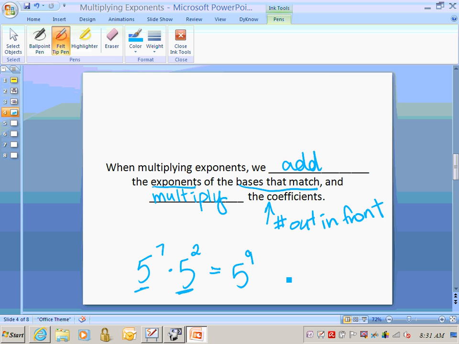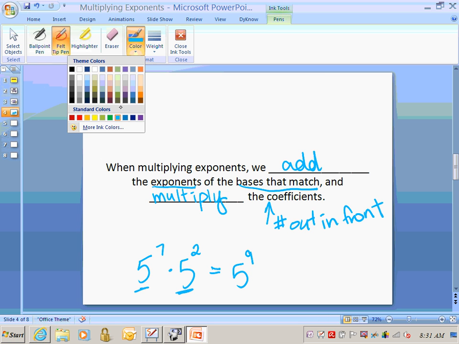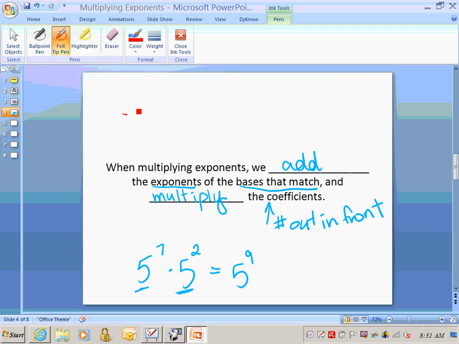All right? But if I have another example, like negative 3m squared times 2m to the 5th, negative 3 and 2 are going to be considered my coefficients. They're out in front. All right? And right now, their exponents are what? If I don't write an exponent on them, what's the exponent? 1, right?